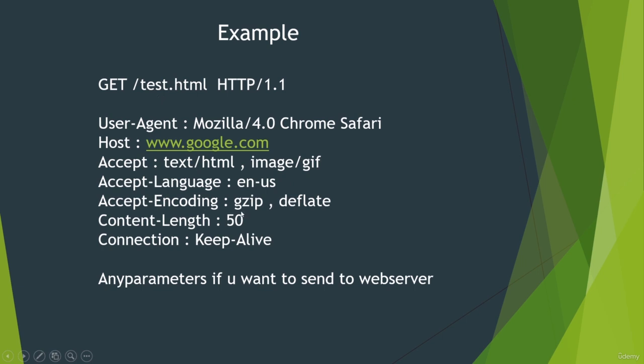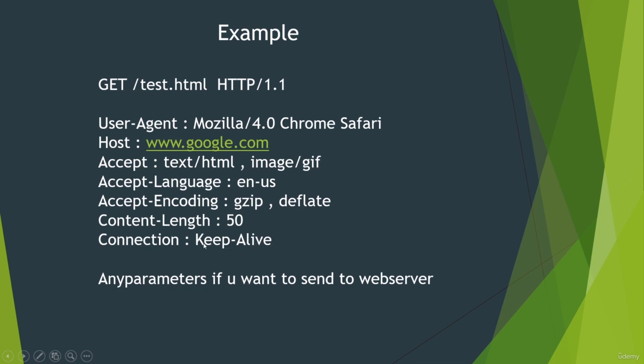And Accept-Encoding means gzip and others. The server sends in this encoding format, and the browser will decode it for you. The Content-Length is 50 bytes. This is the size of this test.html. And Connection: keep-alive means that after you send this request and get the response from the web server, you can send another request without initiating any other connection.